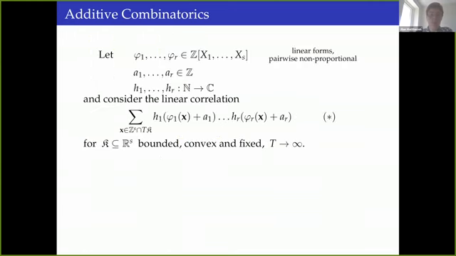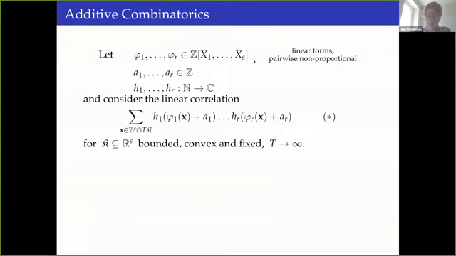So we consider the setup of what was on the left-hand side in Green and Tao's 2008 result. In this setup, we have a collection of linear forms, phi_1 up to phi_r. These are forms in s variables. And in order for the proof to go through, they have to satisfy the condition that they are pairwise non-proportional.